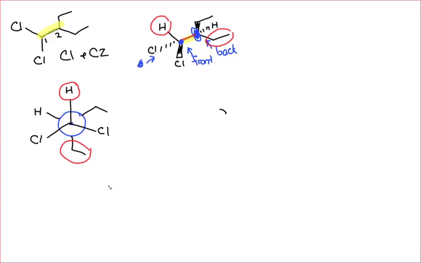So we can draw that. I'll go ahead and leave the substituents on the back carbon in their same locations. And then I'm going to just rotate around this front carbon to line up and eclipse these chlorines with the ethyl groups.